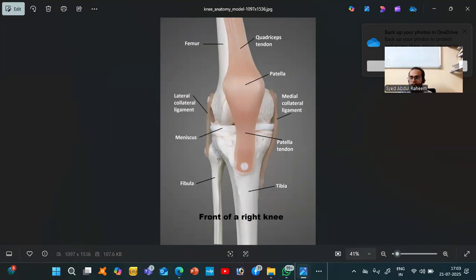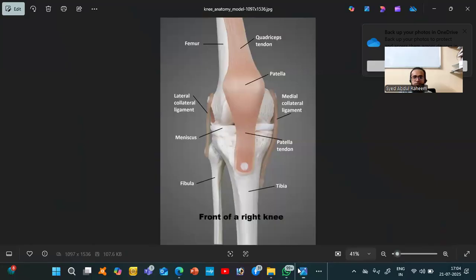This is the quadriceps muscle, attaching here to the tibia via its tendon. This is the lateral collateral ligament and the medial collateral ligament. This is one anatomical view of the knee.